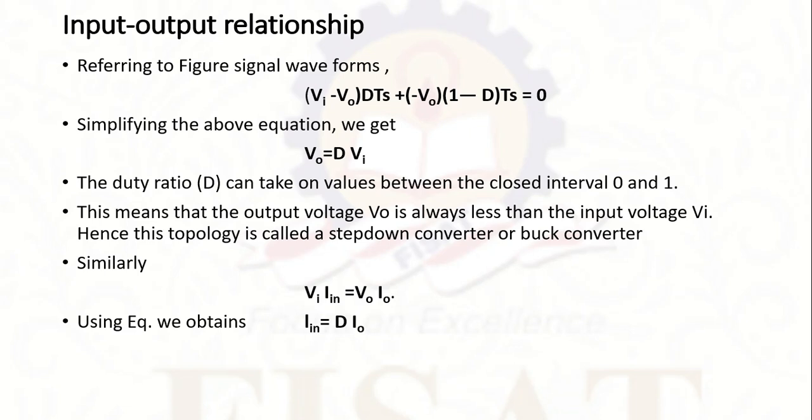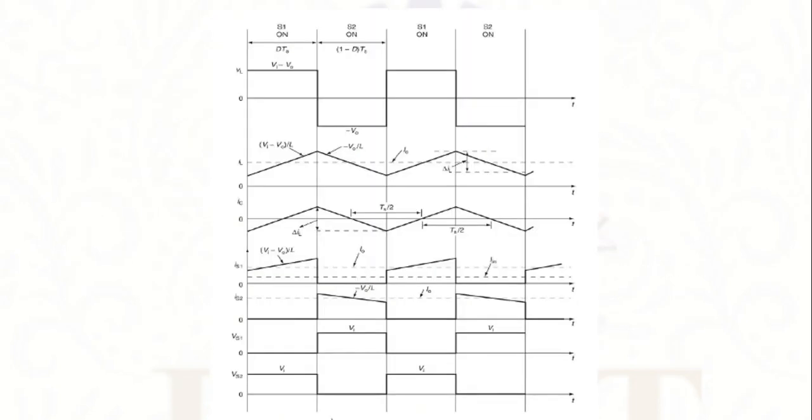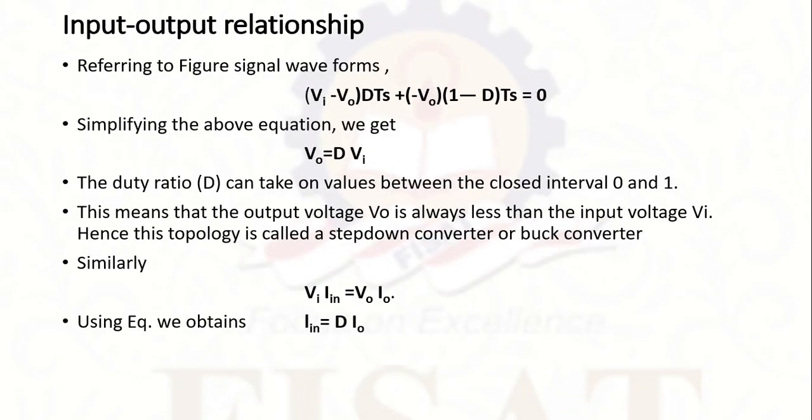Looking into the input-output relationship, from the figure of the waveform, the average current in the circuit will be 0, because during both these durations, that is d into Ts and 1 minus d into Ts, we can say that (Vi minus Vo) into dTs, that is the current during dTs, plus (minus Vo) into (1 minus d) into Ts.